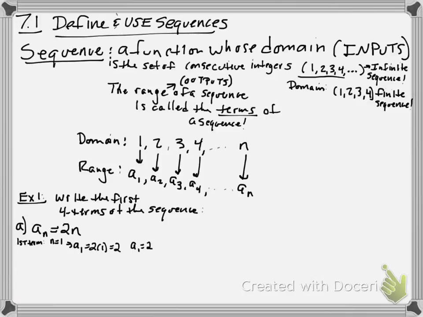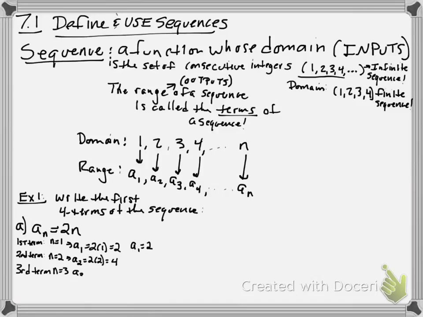When we plug in 1, we get out 2. The second term, we would let n be equal to 2. So, to find that, that would be a sub 2. That would be 2 times the input of 2, and we would get out 4. The third term would be n equals 3.